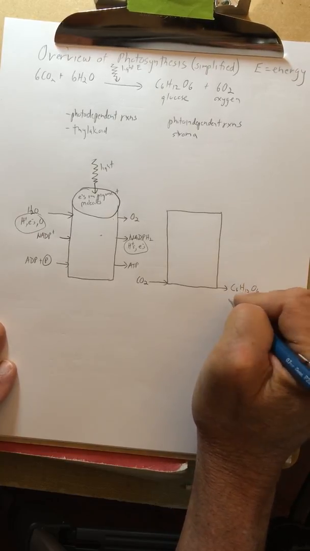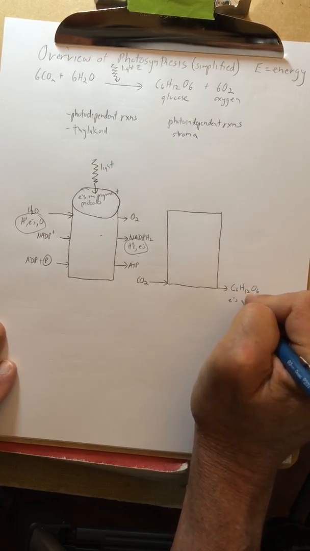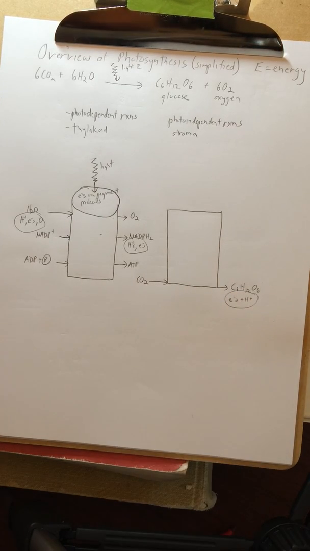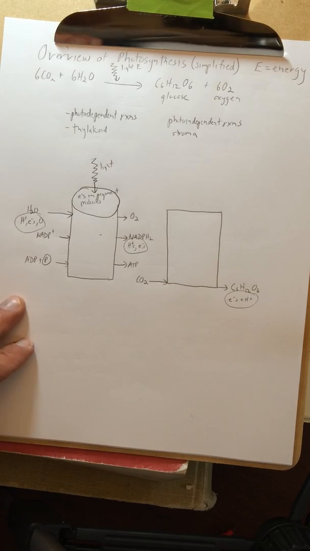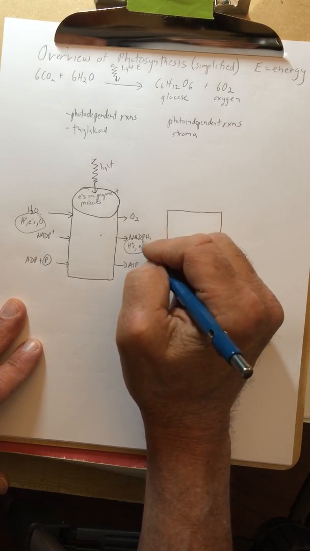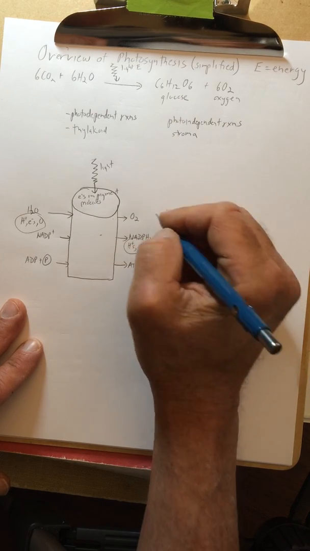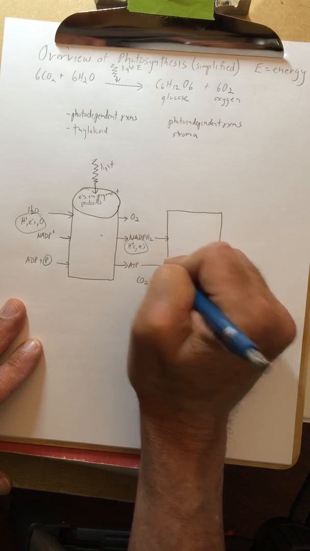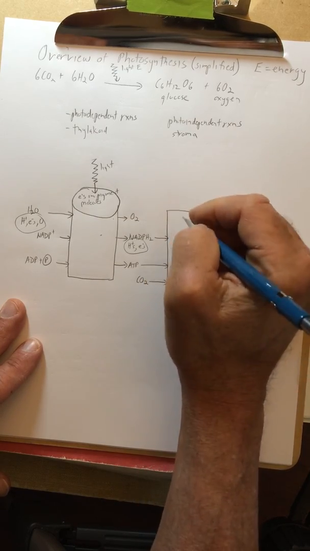So this is where all the electrons and the protons ultimately go. In order to fix CO2, the organism is using the energy in the NADPH2 molecule and the ATP molecule to power the fixation of CO2.